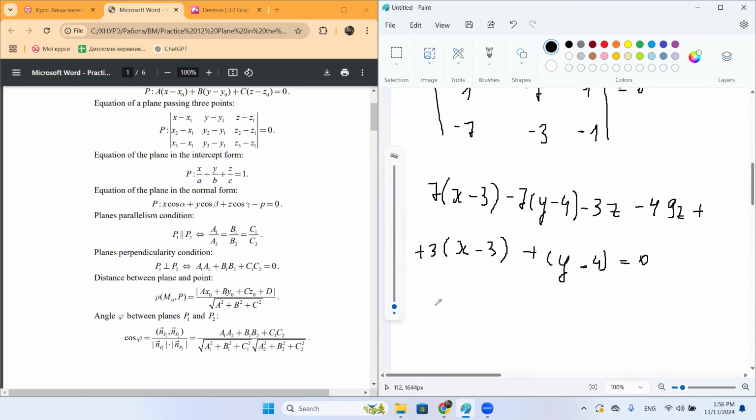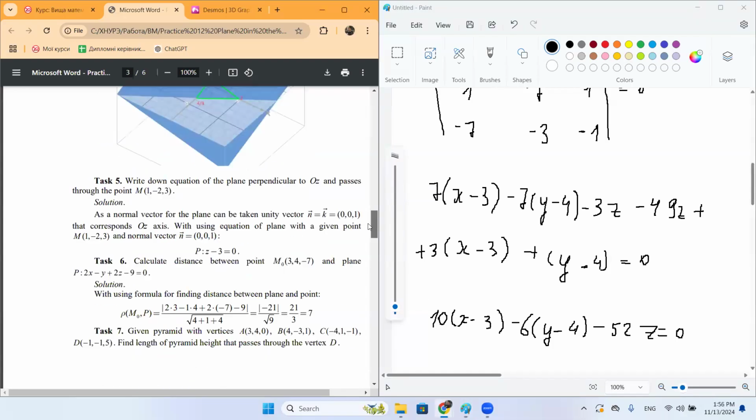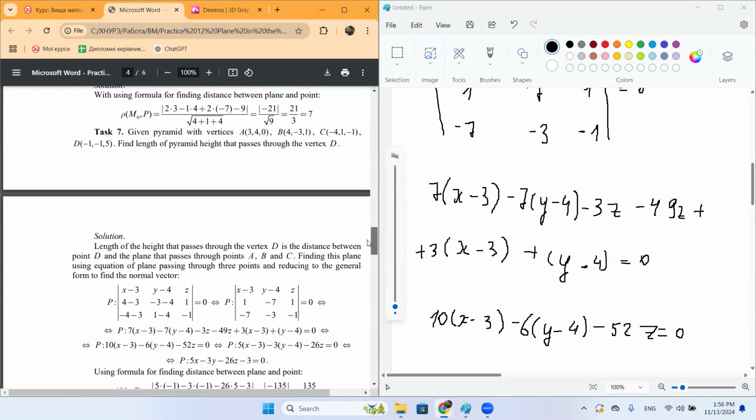So then what we have, 10 by x minus 3, minus 6 by y minus 4, minus 52z equals 0. By the way, let me check if everything was calculated correctly.